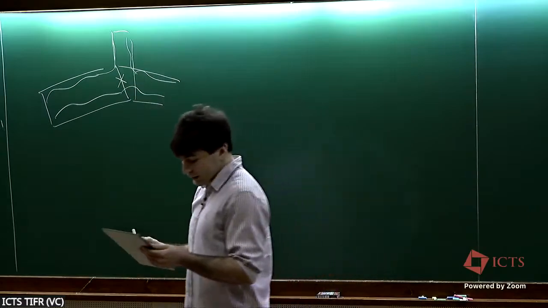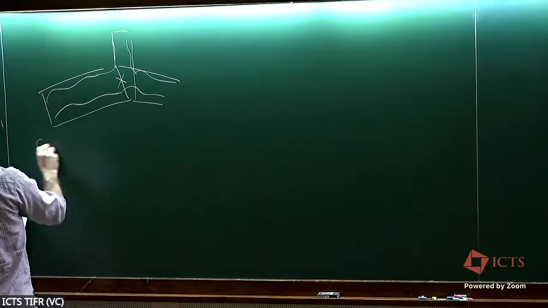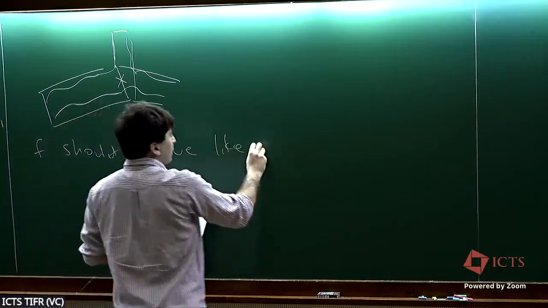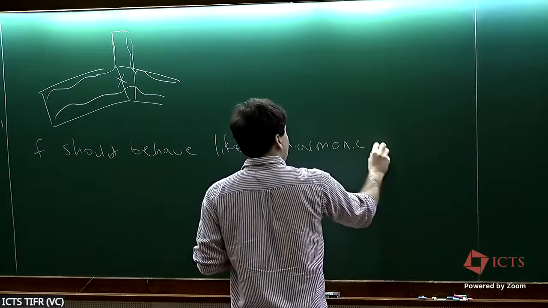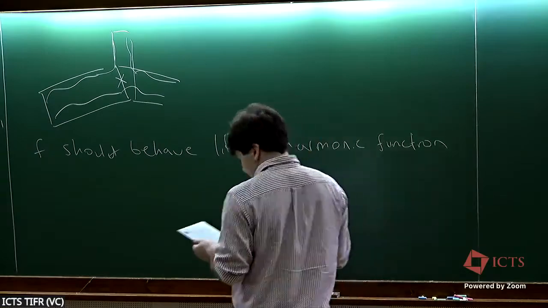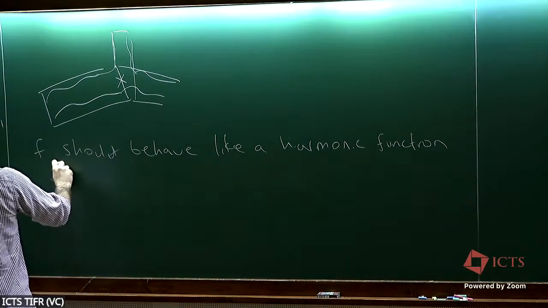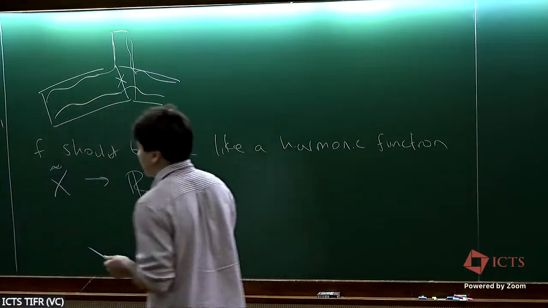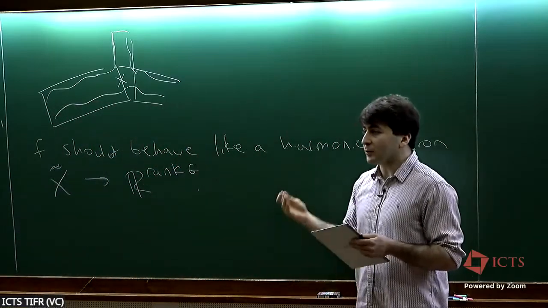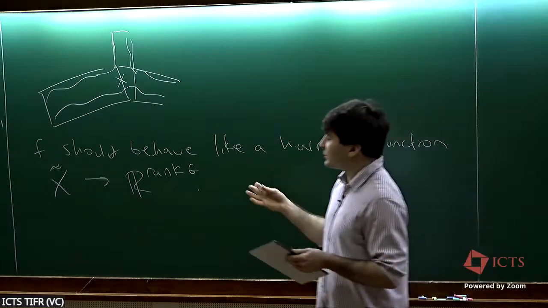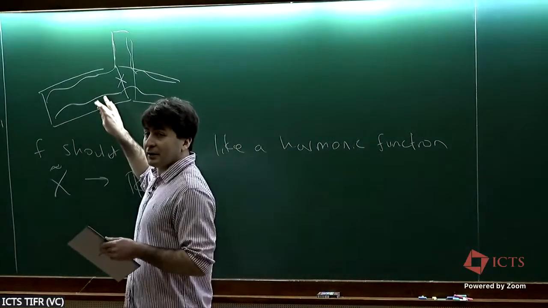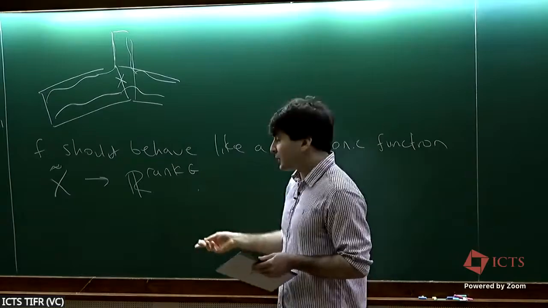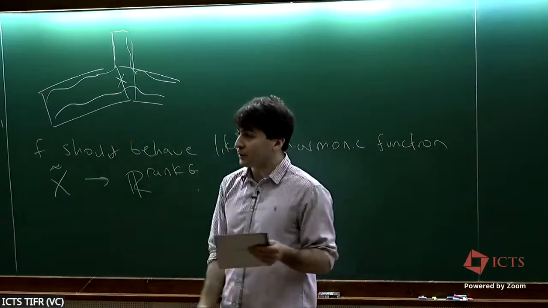Right, and what we draw from this is that f then should behave like a harmonic function from the universal cover to R to the rank of G. So if f is very close to a flat and it's harmonic, then it probably looks like a harmonic map into the flat. And a flat is just an isometric, totally geodesically embedded copy of R to the rank of G, so it should just look like a harmonic function to R to the rank of G.